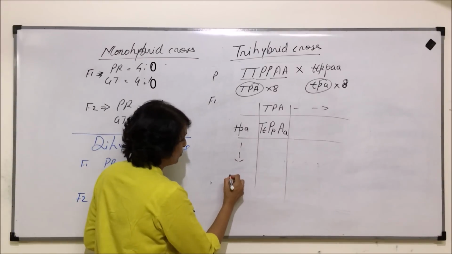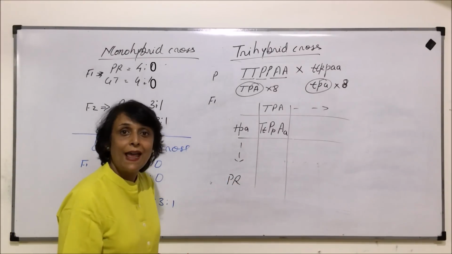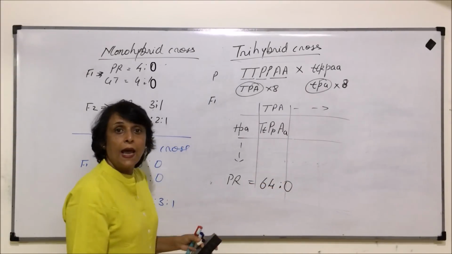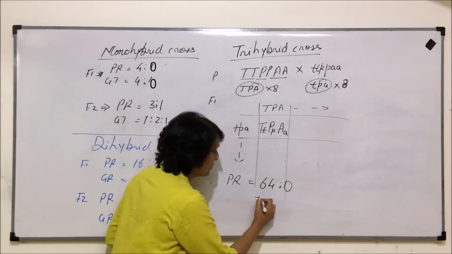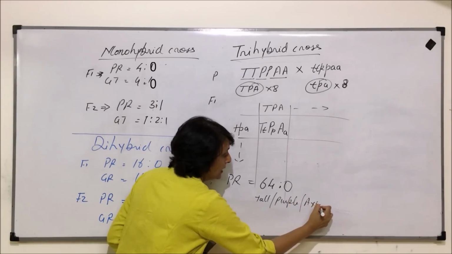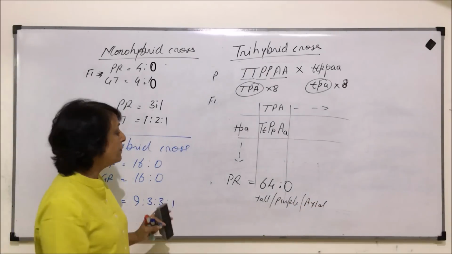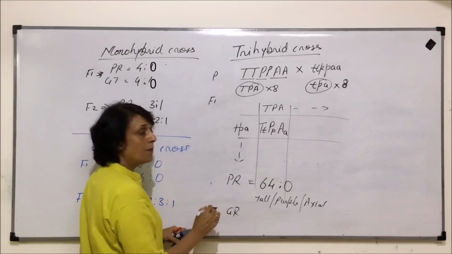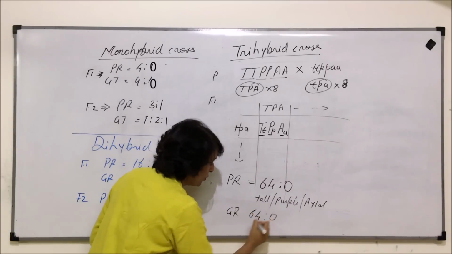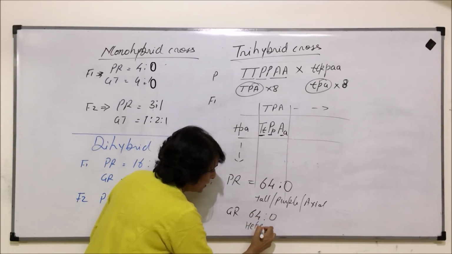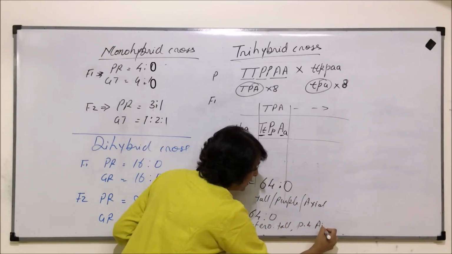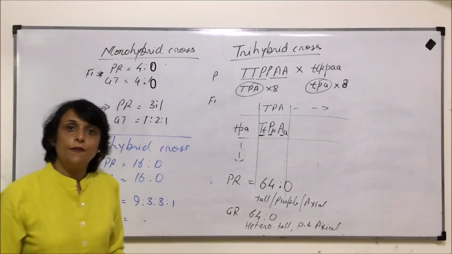So if we want to know the phenotype ratio in F1, it is going to be 64:0. And all 64 offsprings are going to be tall, purple and with axial position of the flower. Genotype ratio, all are going to be heterozygous. So 64:0 and all are heterozygous, tall, purple and with axial position of the flower.